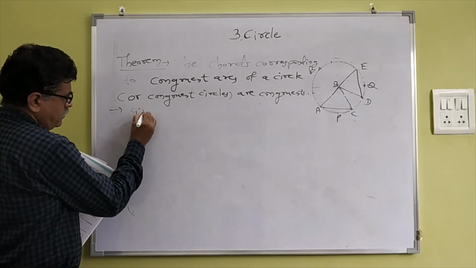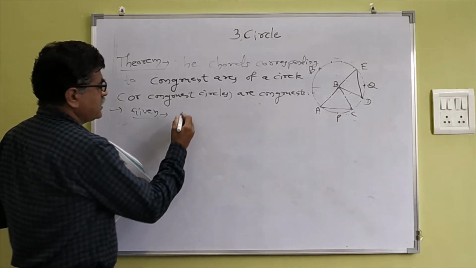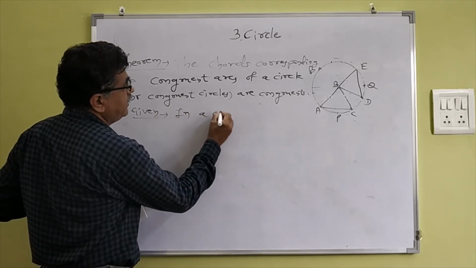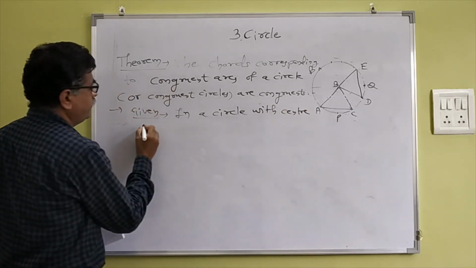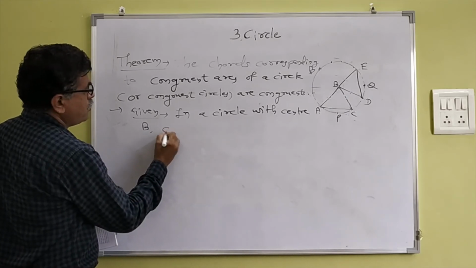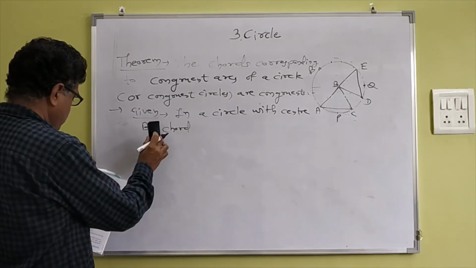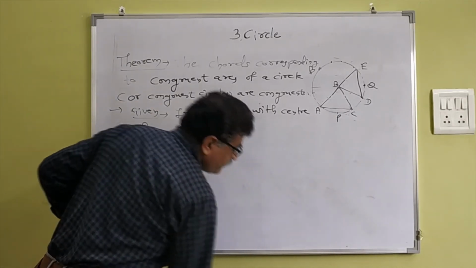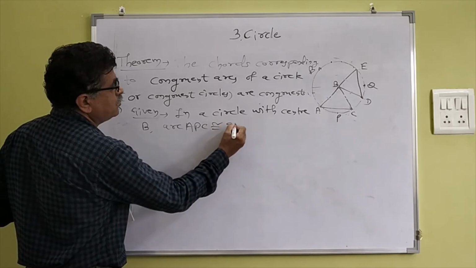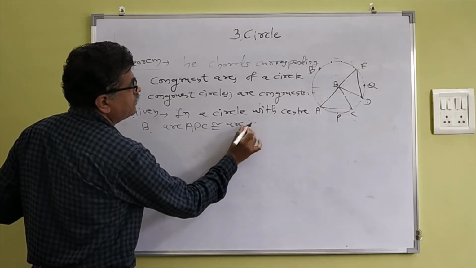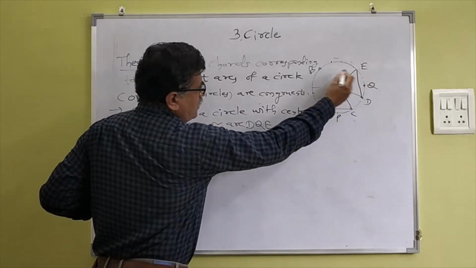Write down. Given: in a circle with center B, arc APC congruent to arc DQE.